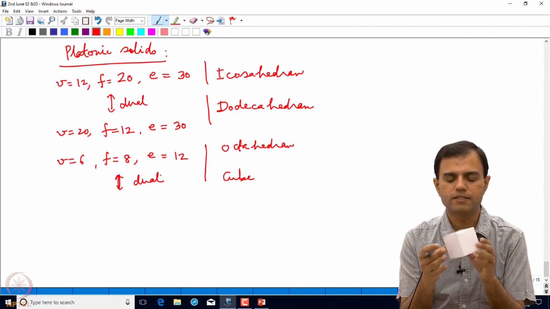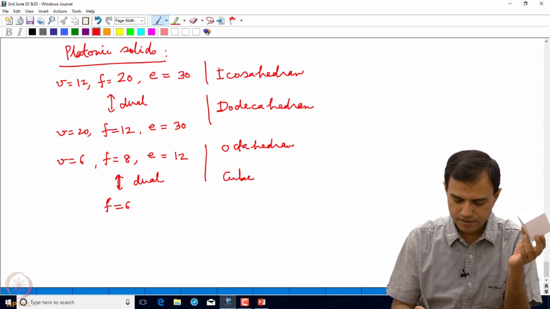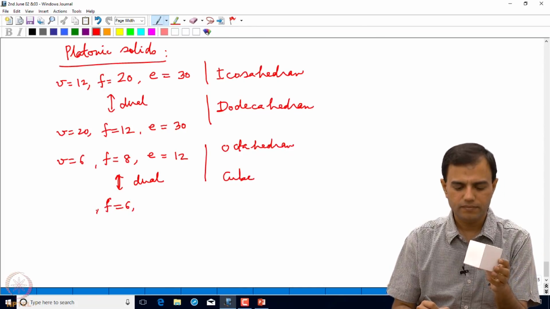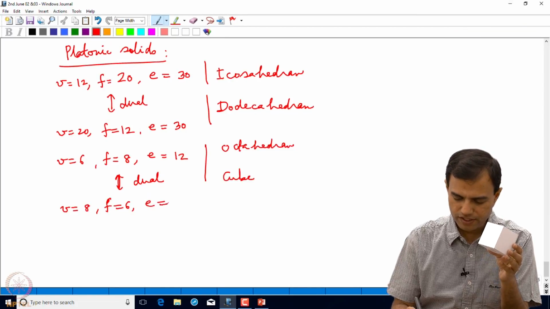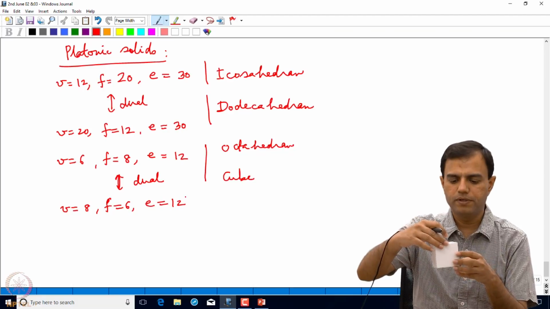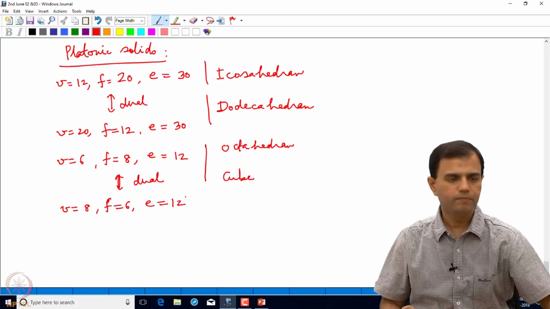The cube has 6 faces, 8 vertices and 12 edges: 4 up, 4 bottom, 4 vertical.